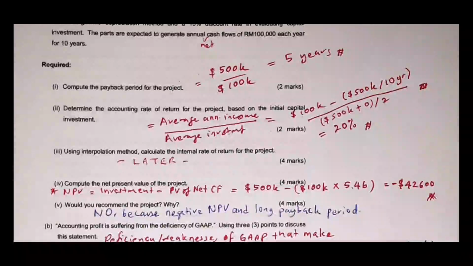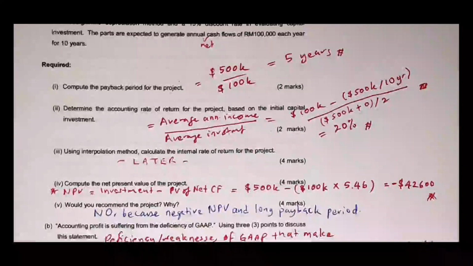is a negative number, it shows that the investment is most of the time not a good investment, because the present value of the cash flow is supposed to be 500. Oh, I have to write this again.